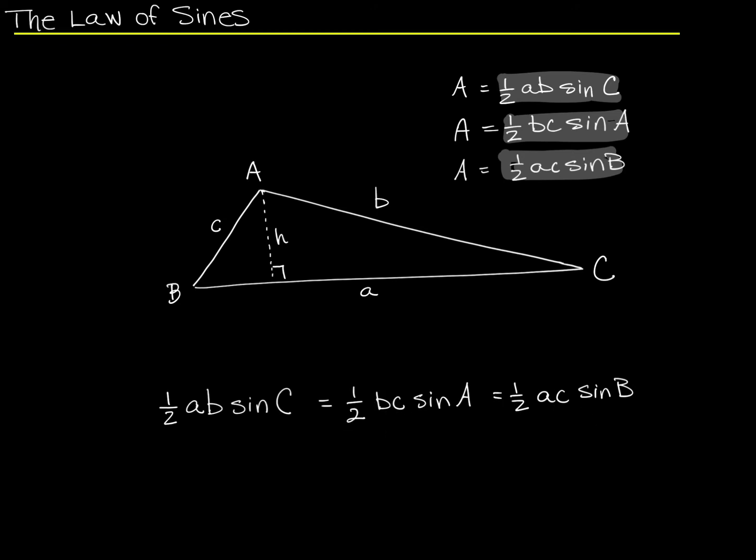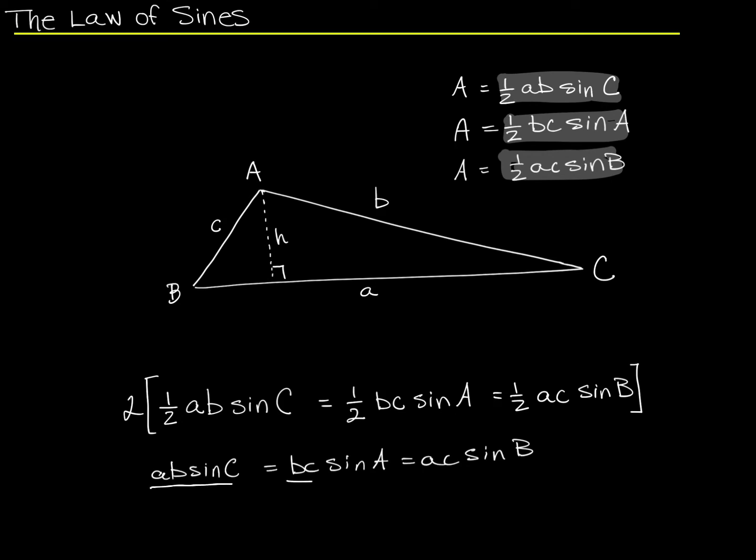So I can multiply all three so-called sides by 2 at once, and I get AB times the sine of C equals BC times the sine of A equals AC times the sine of B.